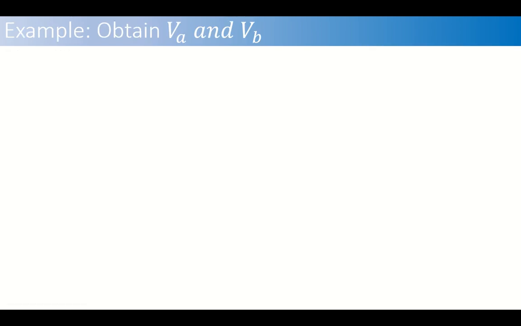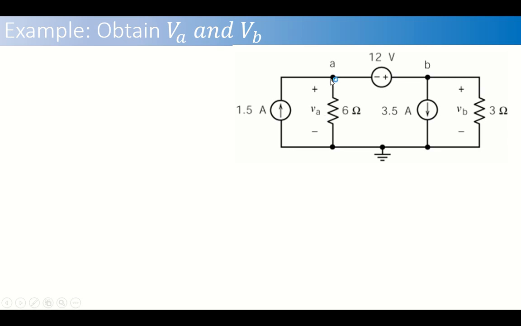Obtain VA and VB, that is the node voltage at point A and the node voltage at point B. Again you can see that in this circuit we have a current source, 1.5 ampere, another current source, 3.5 ampere, and this is a 12 volt battery, but this battery is connected between two non-reference node points A and B. Again you can see that there are only two non-reference nodes, point A and point B, and this is the ground node.